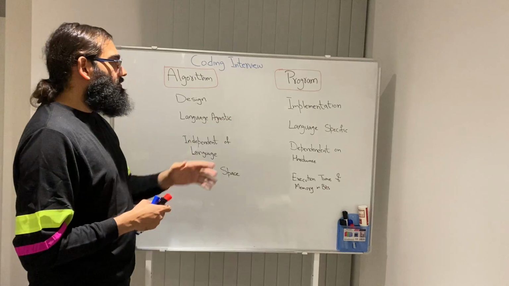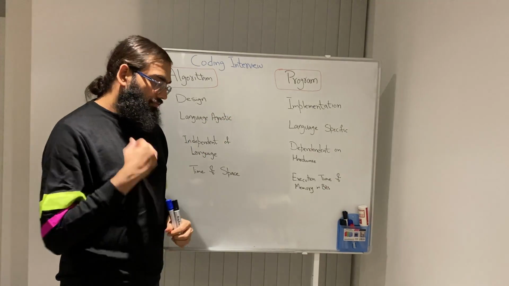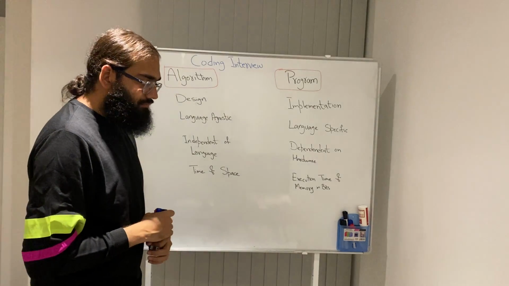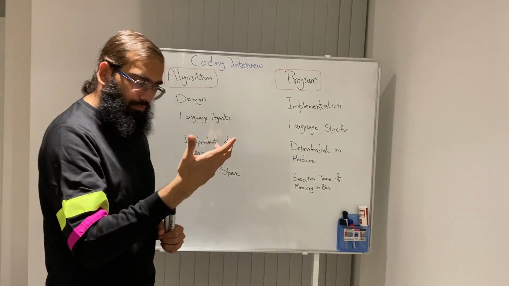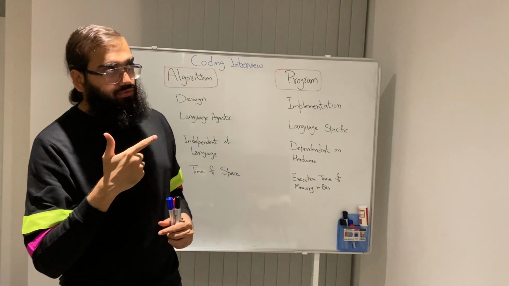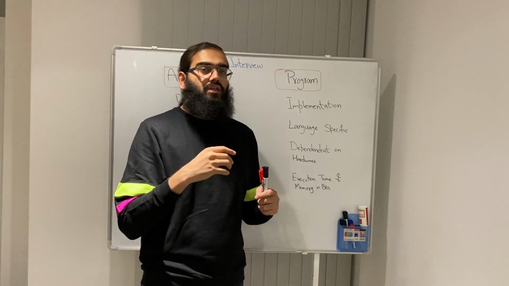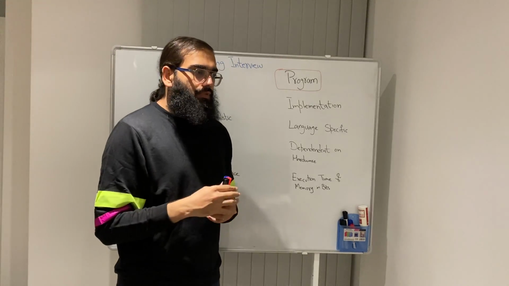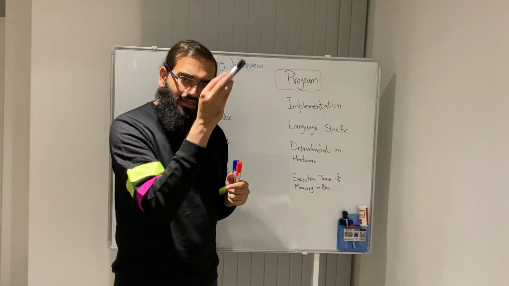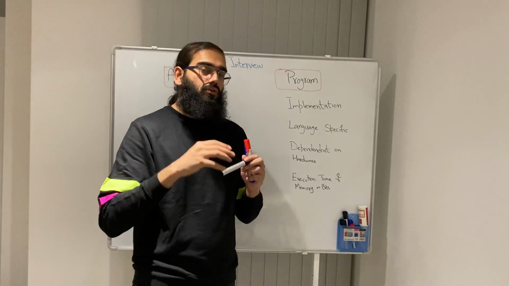In the case of an algorithm, you always design, you never implement. And what does design mean? You have a problem, and you start thinking in your mind, okay, how should I design this? You can design on paper, you can use any tool, maybe make a graph or a flow chart, it depends on you.